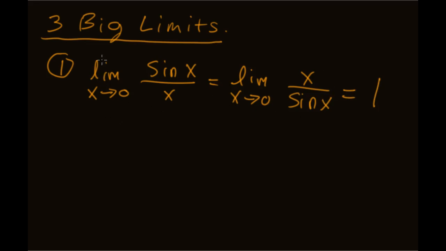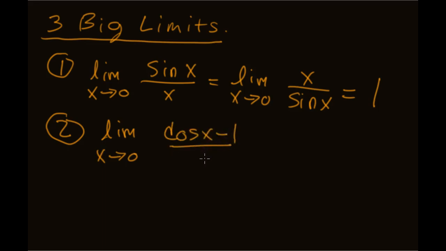Whenever you see this limit either this way or this way, it has to be equal to 1. Number 2, the limit as x approaches 0 of cosine of x minus 1 over x. This guy is going to be equal to 0 all the time. You've got to memorize that one.